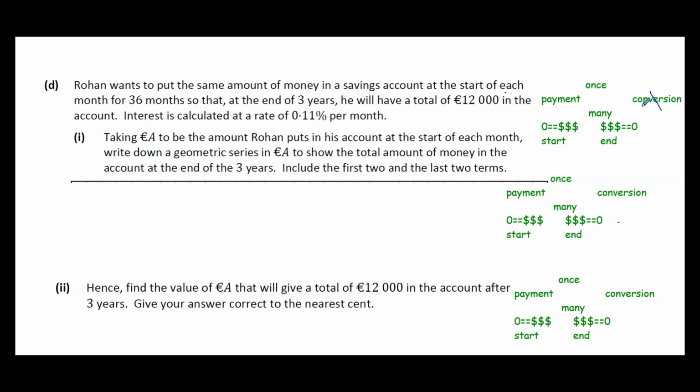No, it's not a conversion in this part. Here we are talking about him making payments, and it is not once off. He will be doing that monthly, isn't it? So now here the situation is slightly different. He is going from not having money to having money. So in this case, it is only the SN formula that is going to work here.